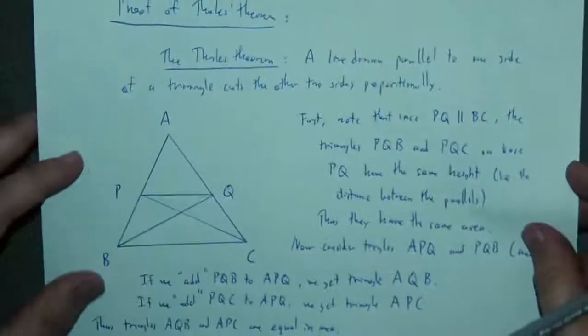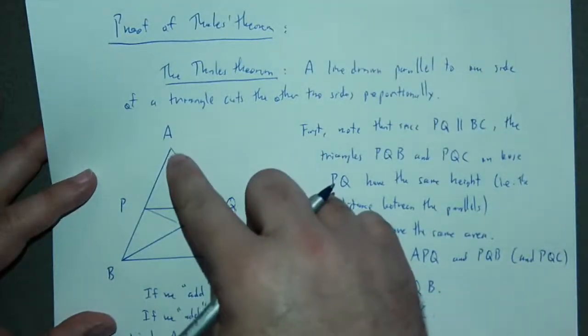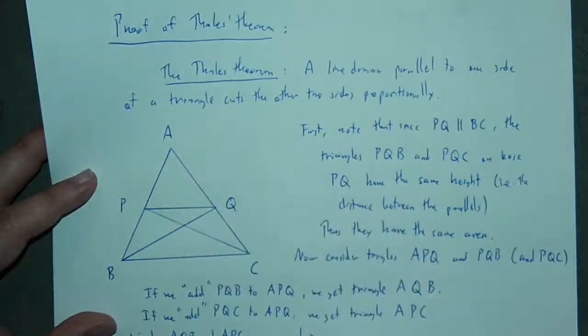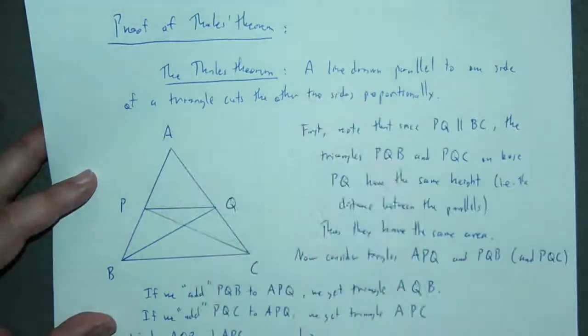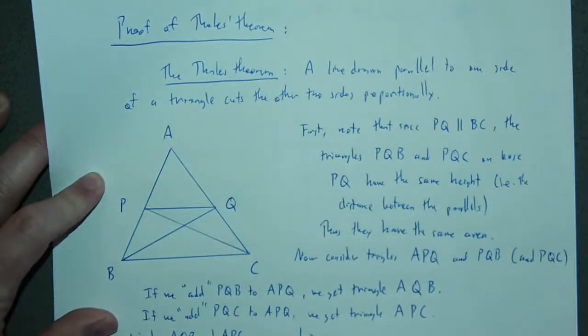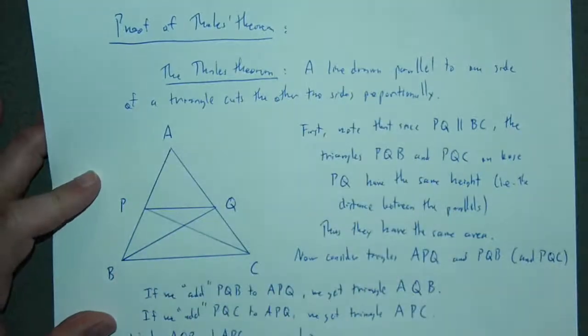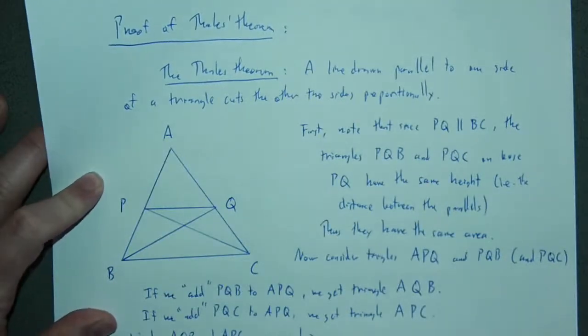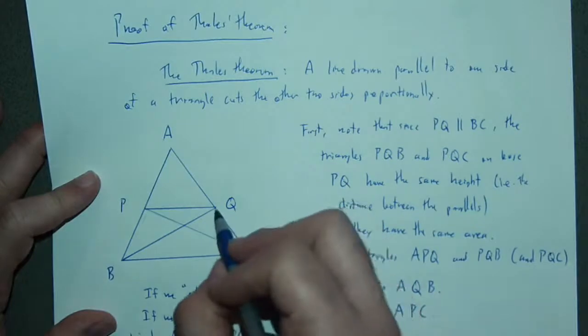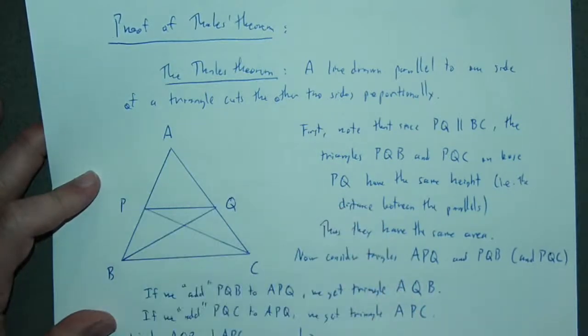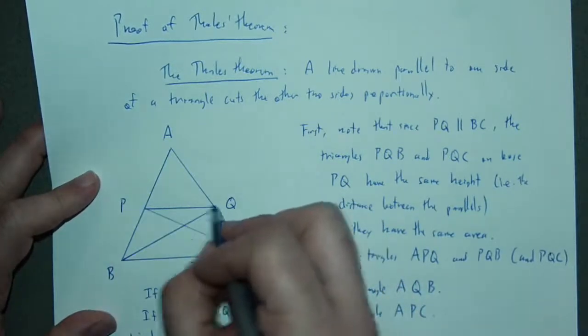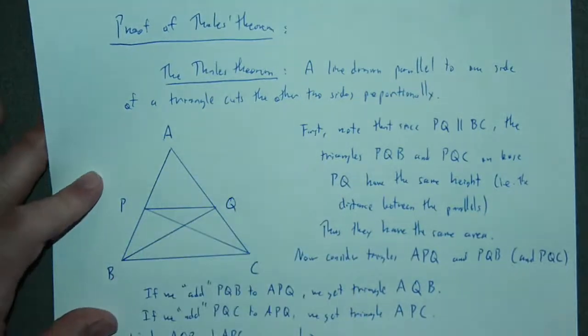All right. So that is APQ and PQB. So both of those have bases, okay, that lie, say, on the line AB. Okay. Relative to this base on the line AB, they have the same height. Okay, that is the perpendicular distance, say, from Q to the line AB.